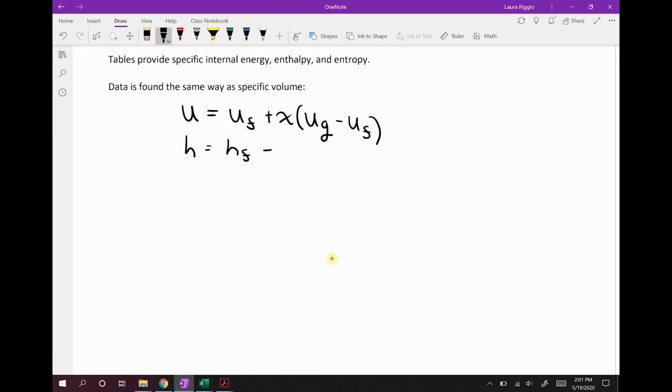The same goes for enthalpy. And actually, this quantity for enthalpy is called hfg, and it's tabulated. It winds up being a quantity that we use quite often. So we decided, I don't feel like doing math, I'm going to put it in a table.